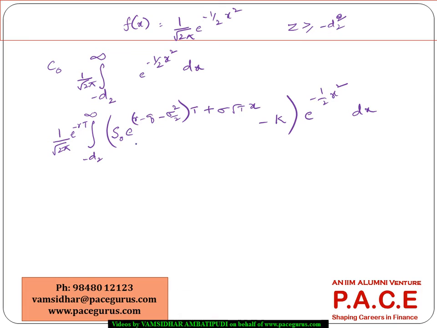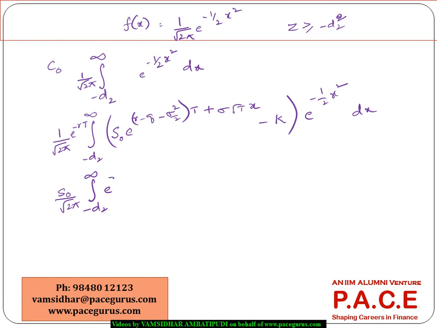Now I will try to break these two terms separately, right? So the first term will become S naught by root 2 pi into the integral from minus D2 to infinity of e power minus RT, e power plus RT goes off.